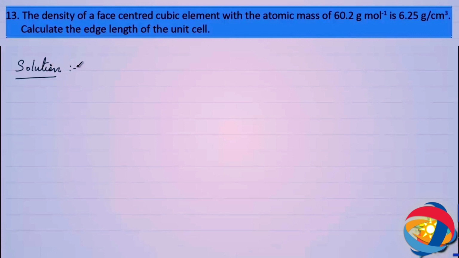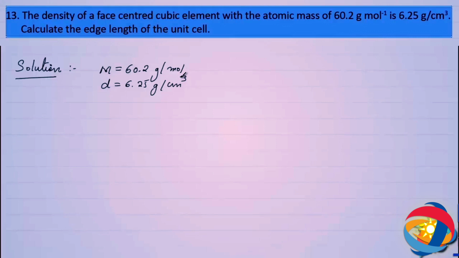The solution is, from the data given, we have atomic mass of element as 60.2 gram per mole and the density of the element is 6.25 gram per centimeter cube.